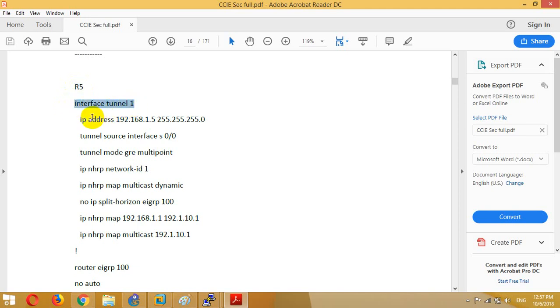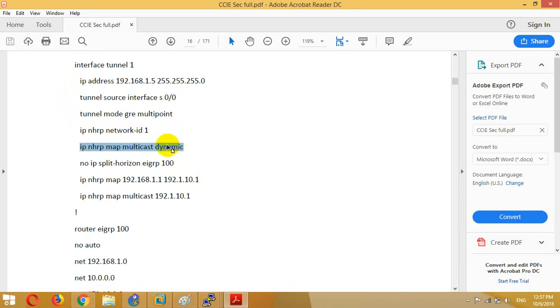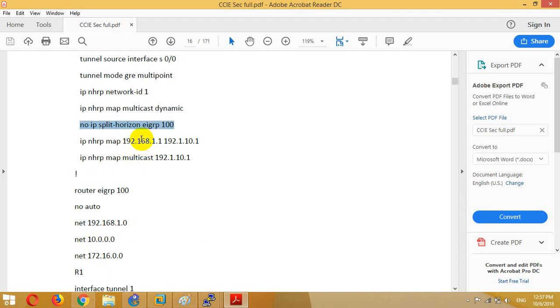On the tunnel interface, I'm going to give the IP address. This is the IP address, tunnel source interface, and GRE multipoint mode, IP NHRP ID, and multicast dynamic just for routing, and split horizon disabled for the EIGRP. Then IP NHRP map.